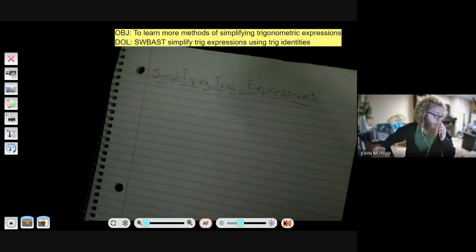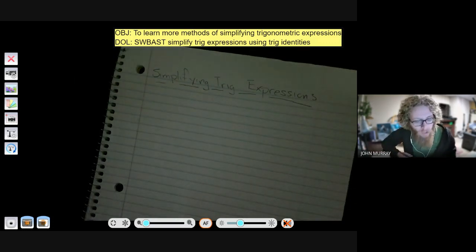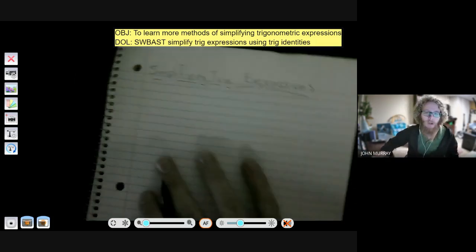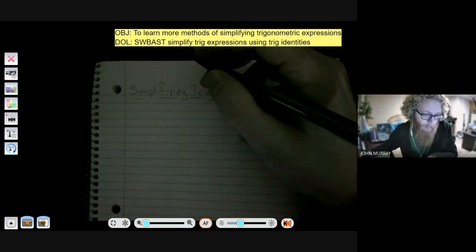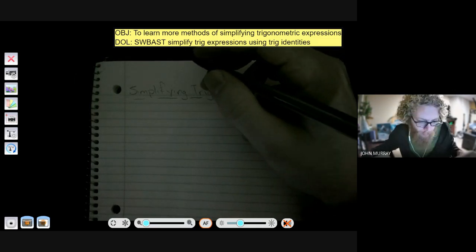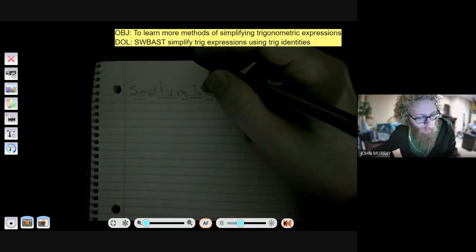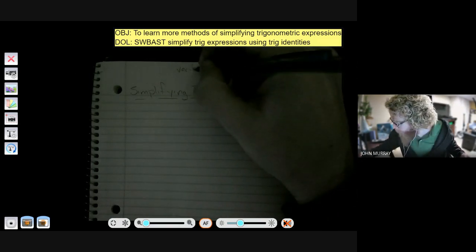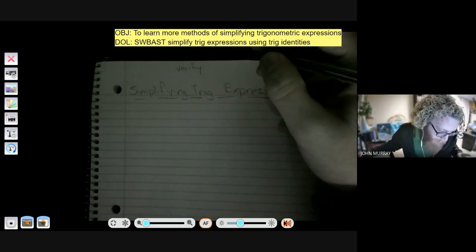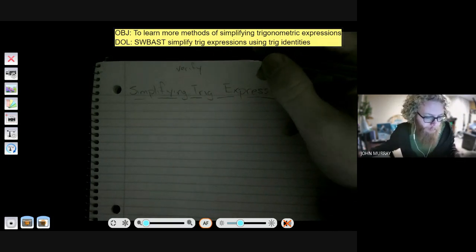So the end goal, and this is what we're going to start doing tomorrow, is verifying trig expressions. So they'll give you something.